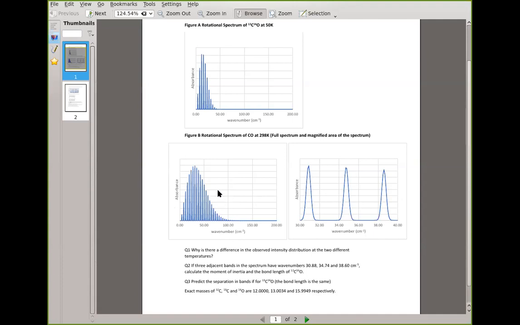So the first question is why they're different. You'll notice that in this one I can see absorptions in wave numbers up to 100, whereas here I can't see those absorptions close to 100. The question is why are we seeing those bands close to 100 when you're at a high temperature, while at a low temperature you don't see anything else? Any ideas?